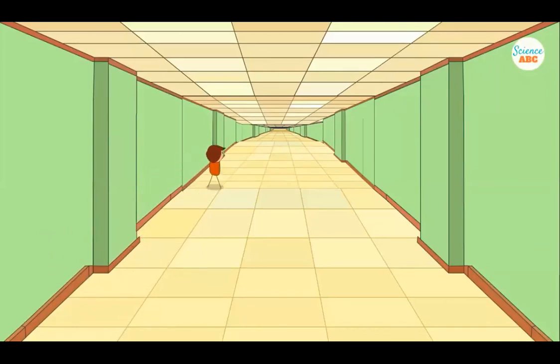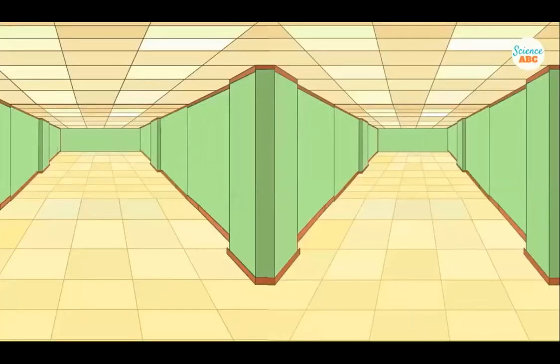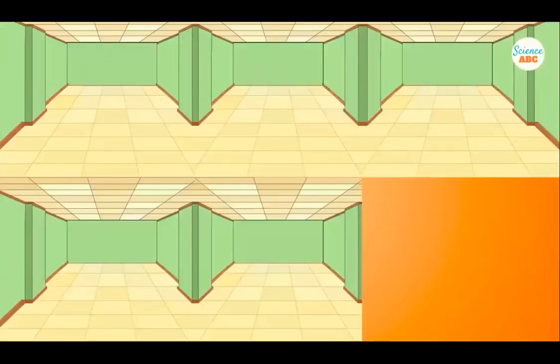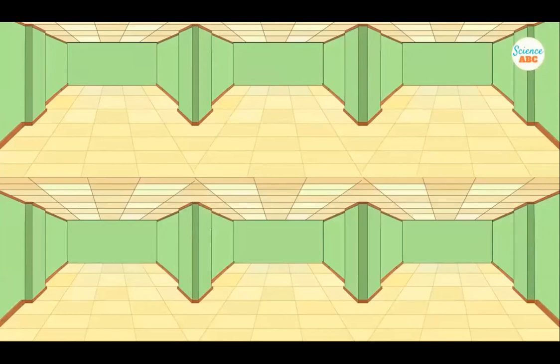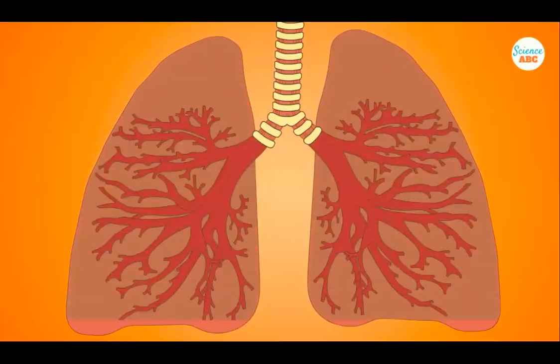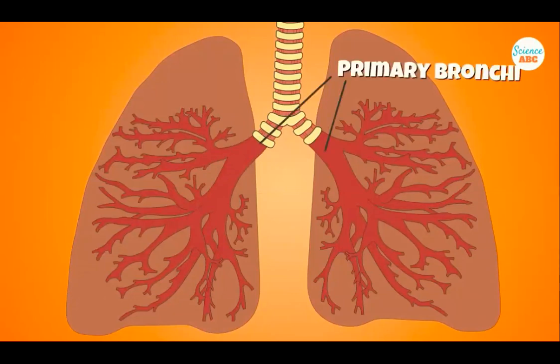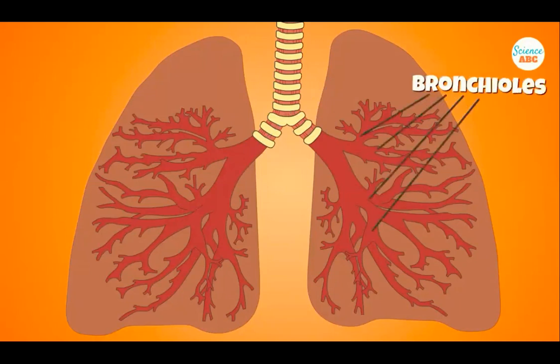As you move down the trachea, the passage splits into two medium-sized passages, which further split into many smaller passages that even further split into tiny passageways. These passages are called bronchi and bronchioles. When the trachea splits into the primary bronchi, these two passages enter the lungs. The primary bronchi then split into the smaller bronchioles.